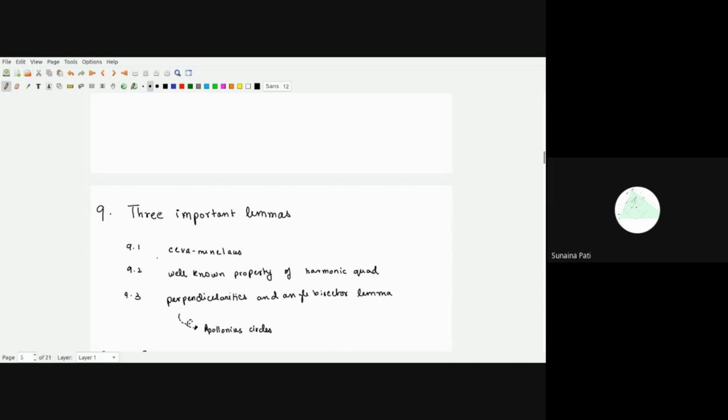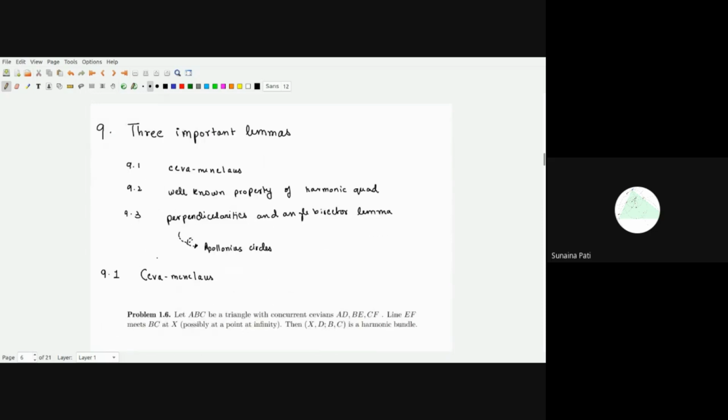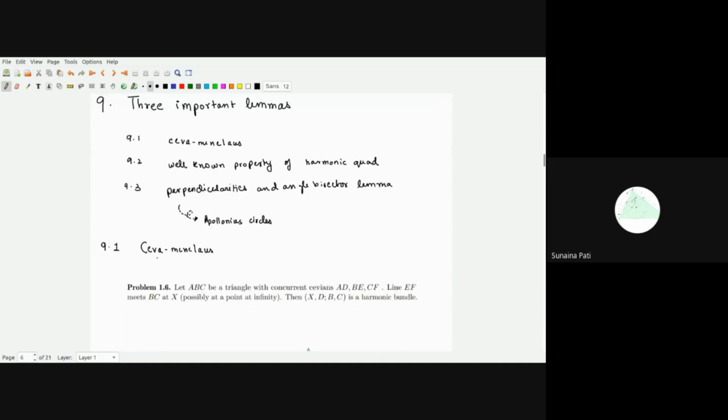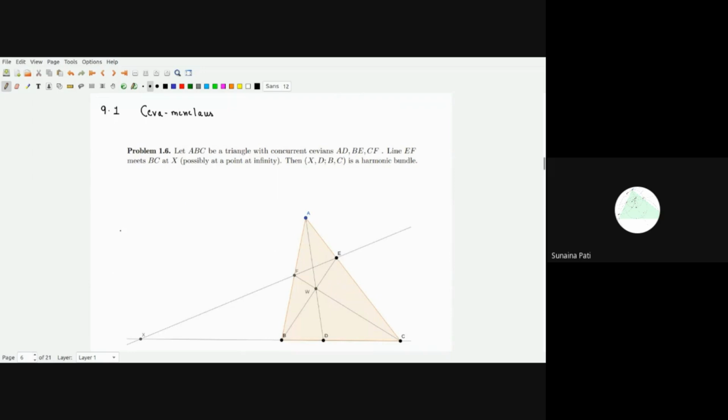These lemmas will be given to you as problems, and we'll discuss the proof. You will be given a sufficient amount of time to try them. Here's the first lemma, called Ceva-Menelaus. It states that you have triangle ABC with concurrent cevians AD, BE, and CF, concurring at a point.